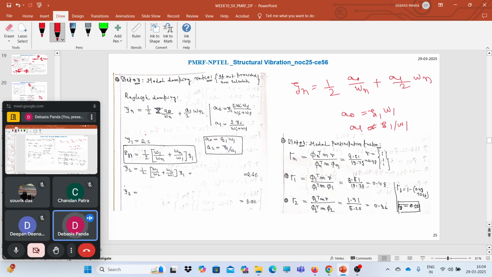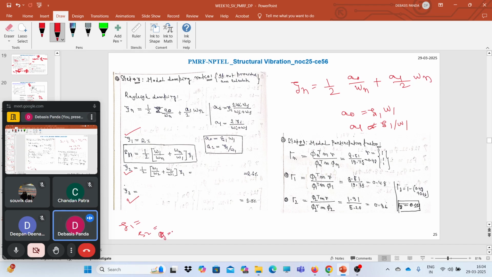If we use the model, we can easily calculate zeta 1 is equal to 1%. So what will be the values of zeta 2 and zeta 3? Use the model to calculate a0 and a1, and once you have a0 and a1, you can calculate the values of zeta 1, zeta 2 and zeta 3. Just go through the previous lecture videos, where we have elaborately explained these models.